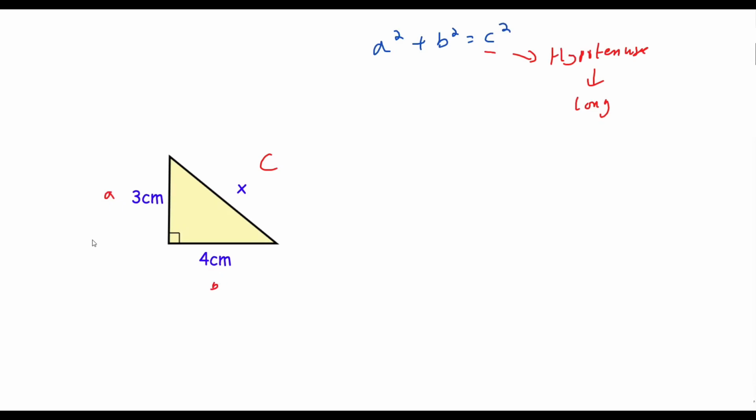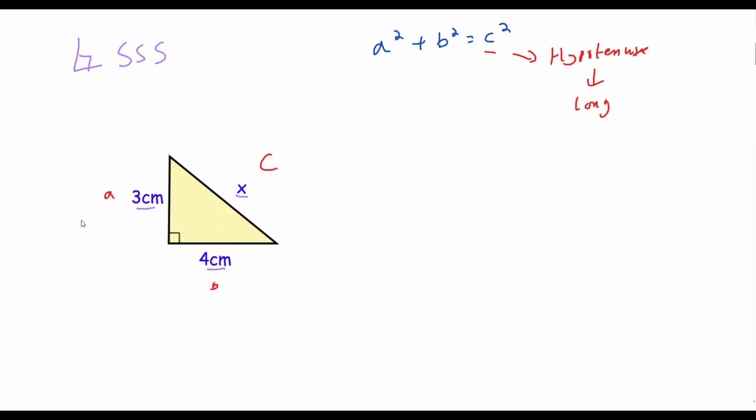Now, the reason that I can tell that this is Pythagoras' theorem is, if we look at the angles, I've got a right angle. Also, I've been given two sides, and I'm trying to work out this other side.